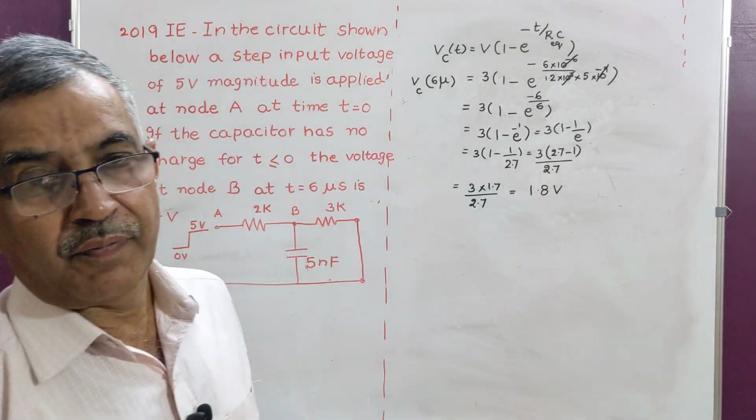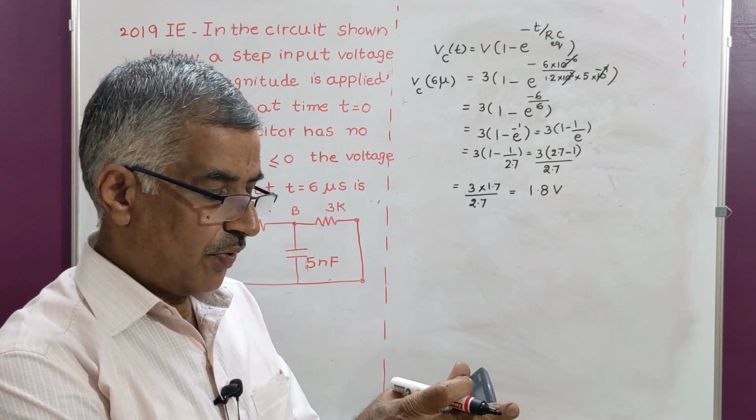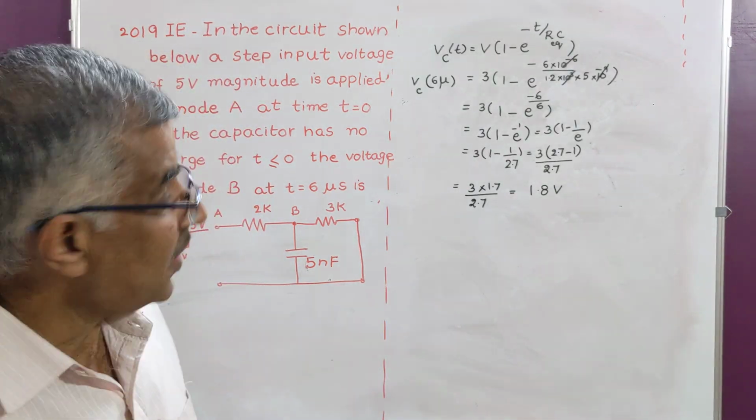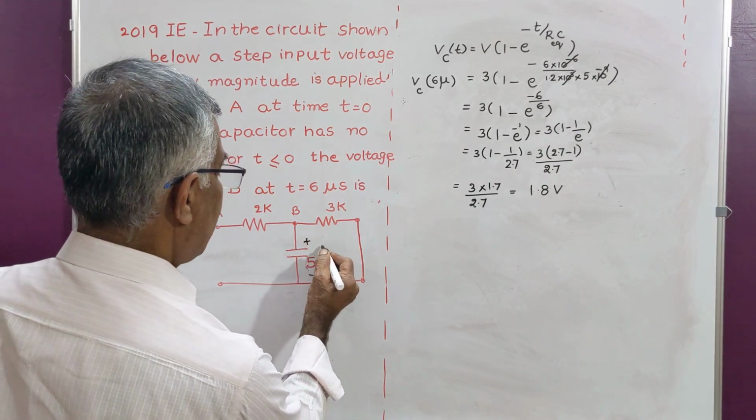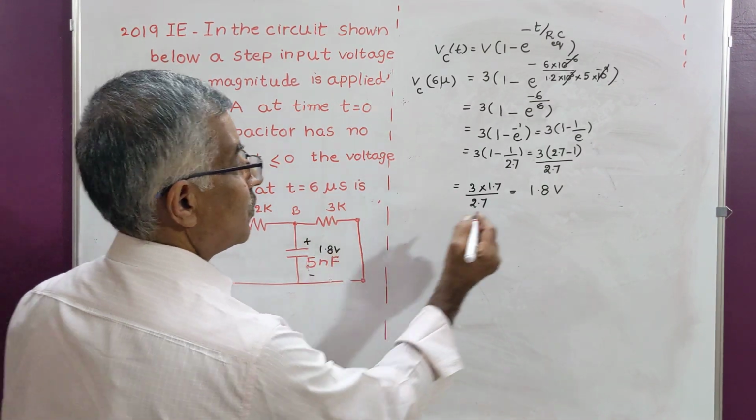So at the end of 6 microseconds, the voltage on the capacitor plates is 1.8 volts. So this is the answer.